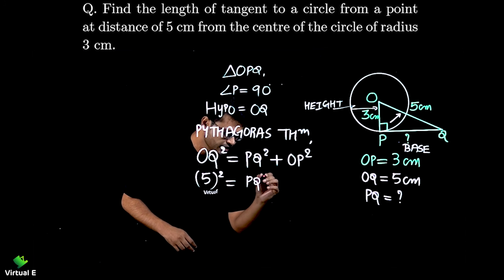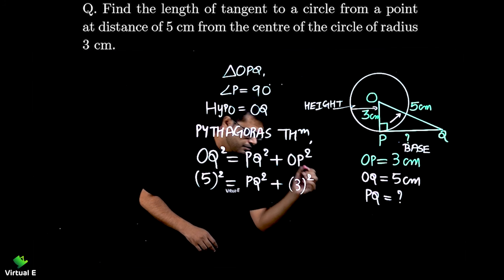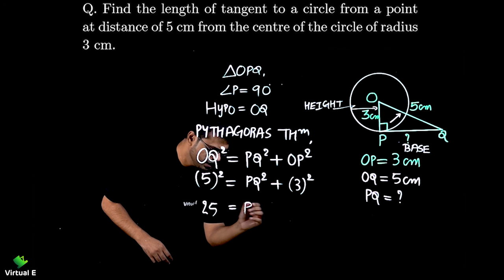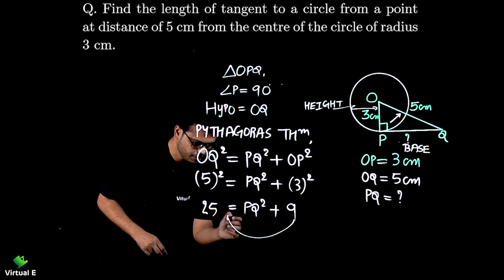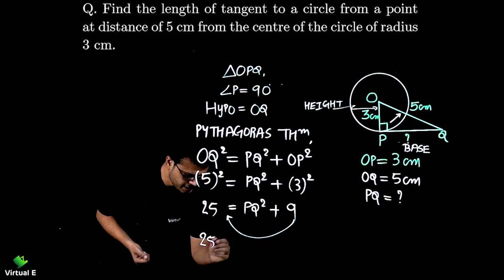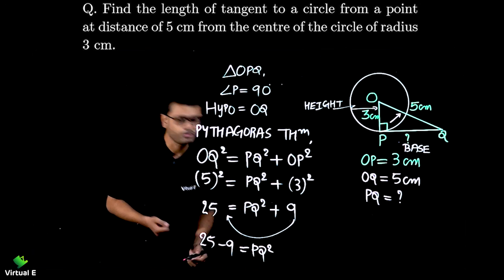PQ we need to find, so as it is, and OP is 3 centimeter. Now let's square it. Here 25. Here PQ square as it is, plus 9. Shift this 9 over here, so it will become minus. Here 25 minus 9 is equal to PQ square.